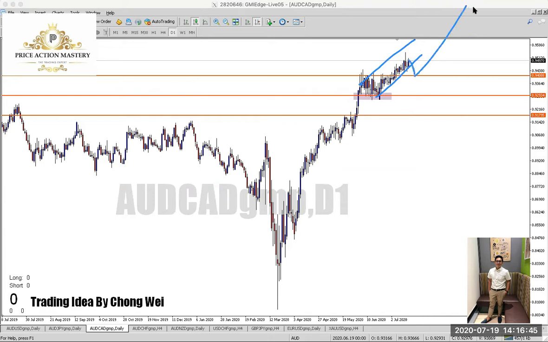For a few days they have just been struggling in this small area, with no movement at all. So I'll be expecting a drop first, then up, because this pattern is what we know as a correction: it drops and then we go up.